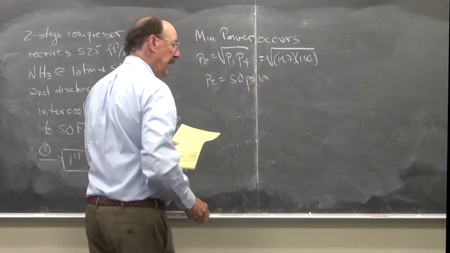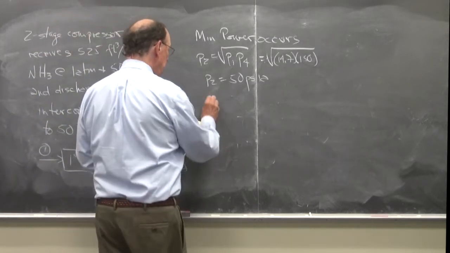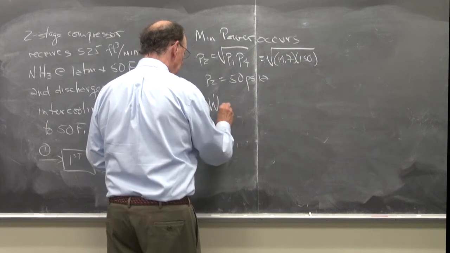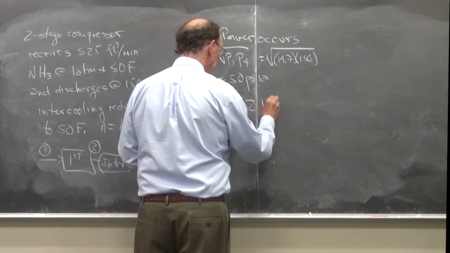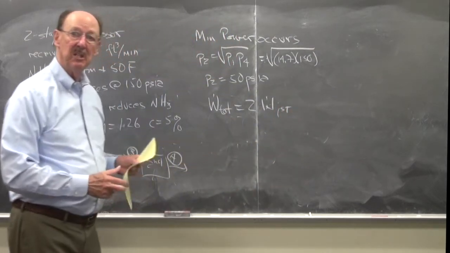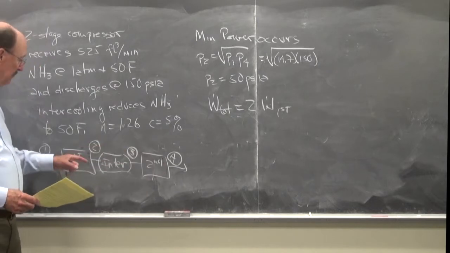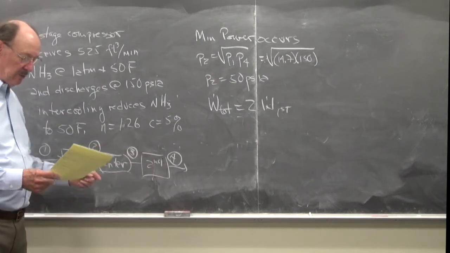The minimum power also means that W dot total is 2 times W dot of the first stage, or W dot of the second stage. So the minimum power occurs when the work here and the work here are the same, where I have this ideal intercooling occurring.